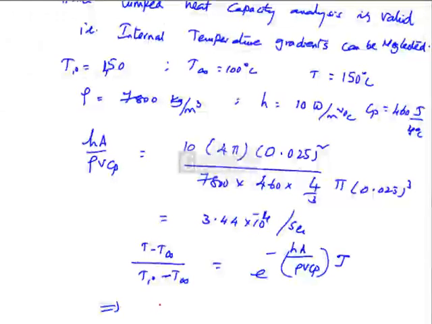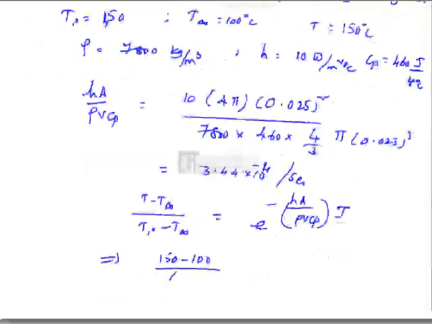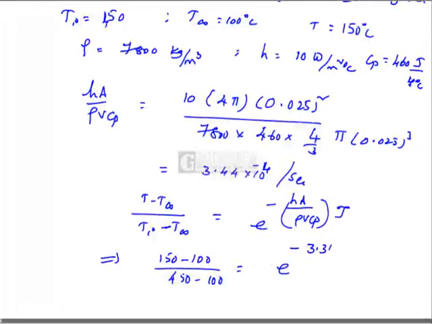So substituting all the values, we get 150, the temperature to be reached by the body, minus 100, divided by Ti, 450, minus 100, is equal to e to the power of minus 3.44 into 10 power minus 4 into tau.